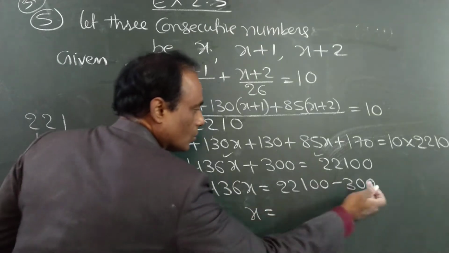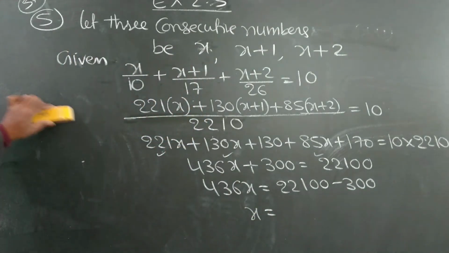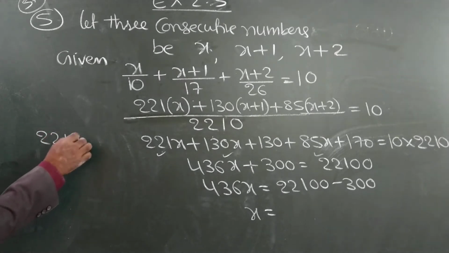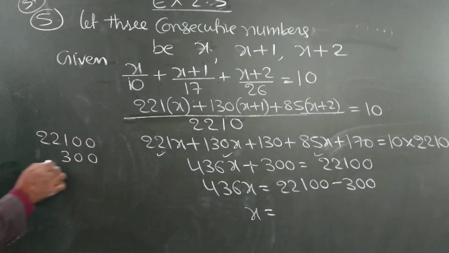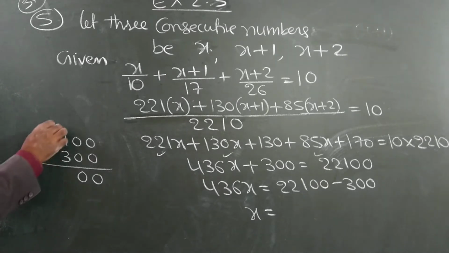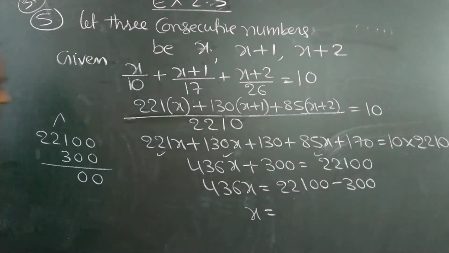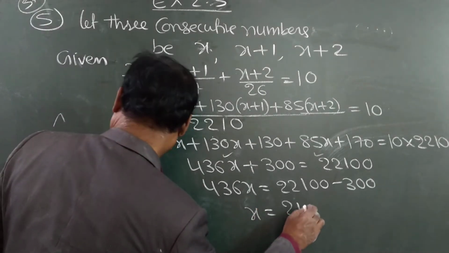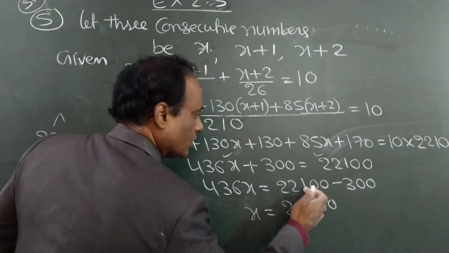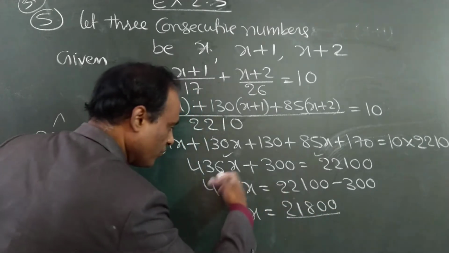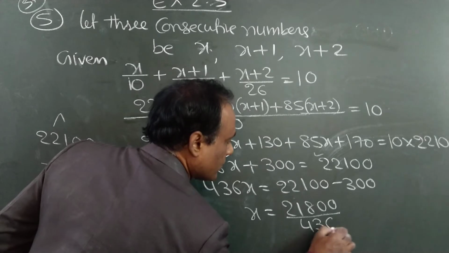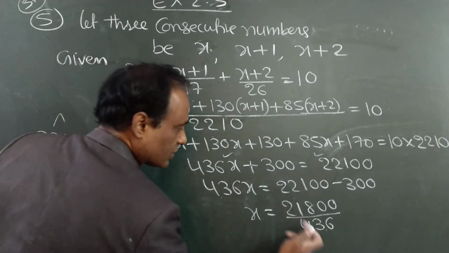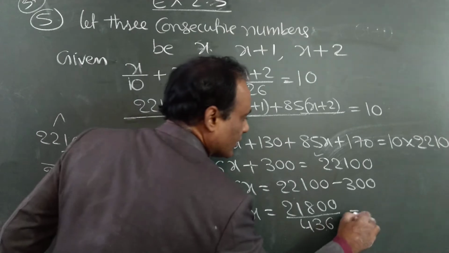Subtract it. 22100 minus 300, if you subtract, this is 21800. This value, 436 will be in the denominator. It will go down, and this is the x value. That's it.